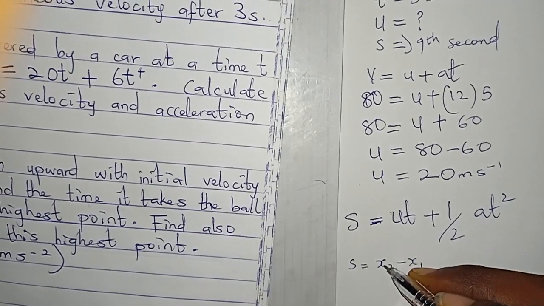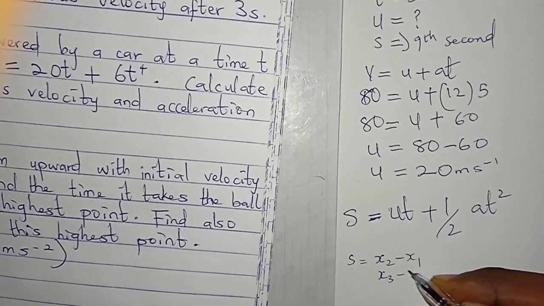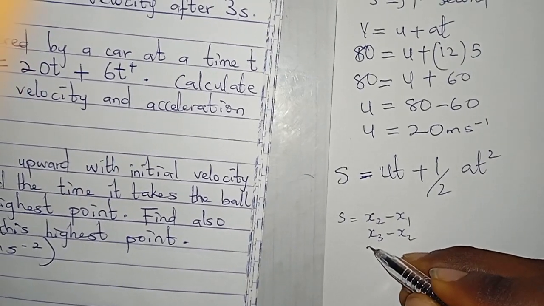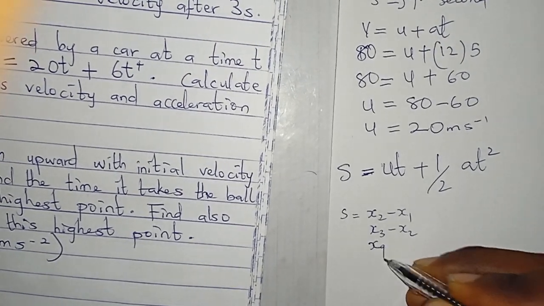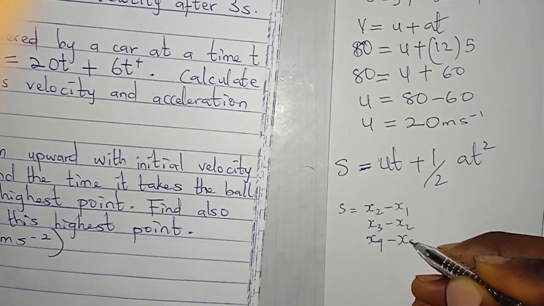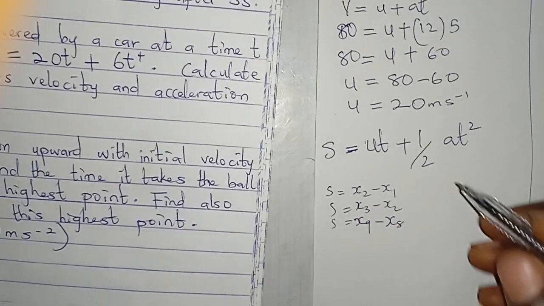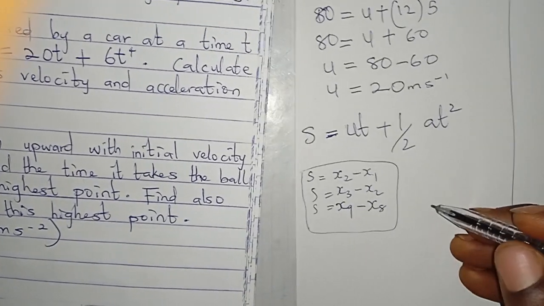That is final position minus first position, or third position minus second position. Which means if they ask us for displacement in the 9th second, it should be the 9th displacement minus the 8th displacement. So we have to find the 8th displacement and the 9th displacement.